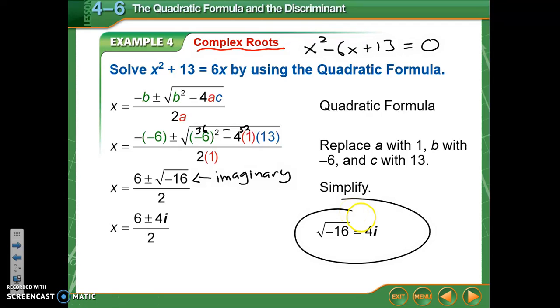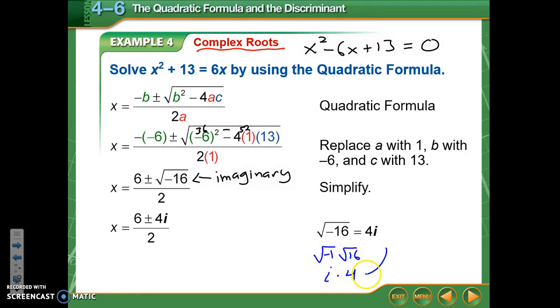Over here they show you, remember the square root of negative 16 is 4i. Why? Because this is the square root of negative 1 times the square root of 16. The square root of negative 1 is i, the square root of 16 is 4. So that gives me 4i. So I have 6 plus or minus 4i all over 2.